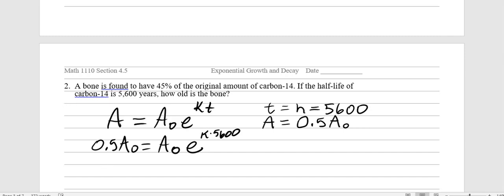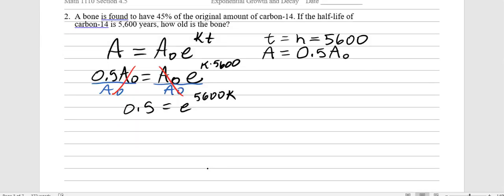And I'm going to divide both sides of the equation by a naught, which will completely drop out of the problem at this point. And I'm left with 0.5 equals e to the 5,600k.